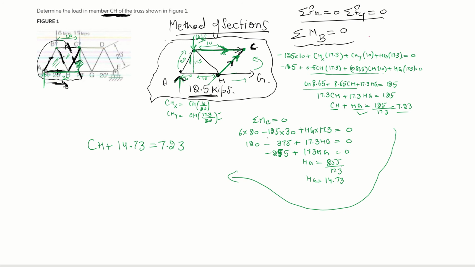And then when I take this value on the other side of the equation, CH will come out to be 7.23 minus 14.73, which is negative 7.5 kips, and negative means CH is under compressive load.